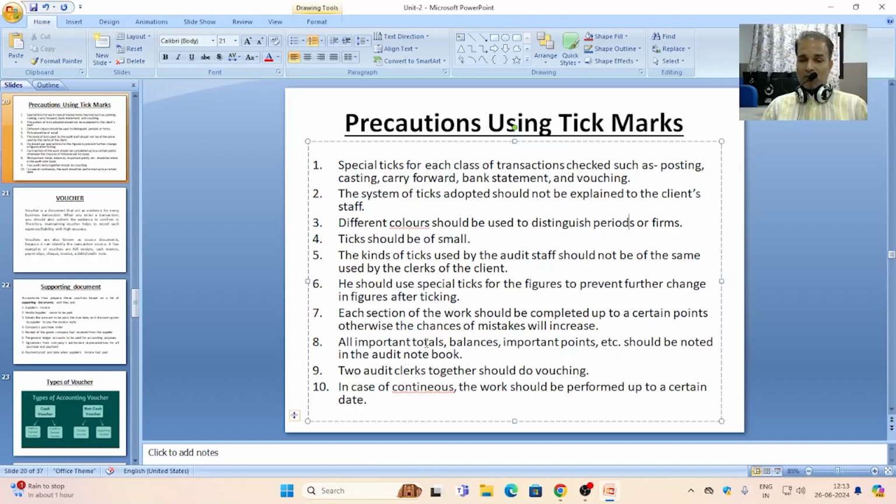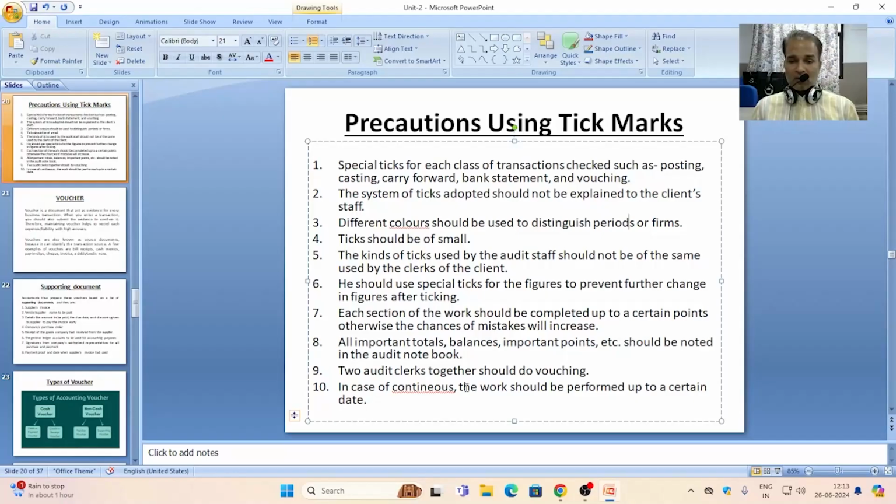The auditor is also advised that all important totals, balances, important points, etc. should be noted in the audit notebook so that if any employee of the client manipulates or modifies the information contained in totals and balances, he can easily identify the modification or manipulation or fraud.